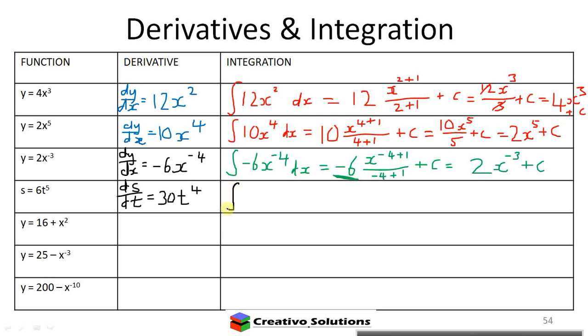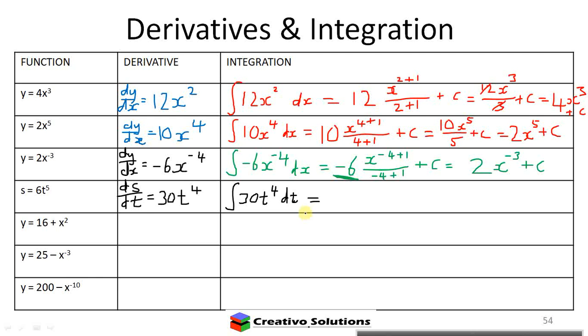Okay, so then you would integrate 30t to the 4 dt. Okay, what would that integration answer be?